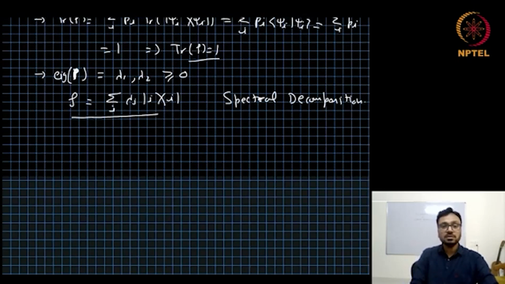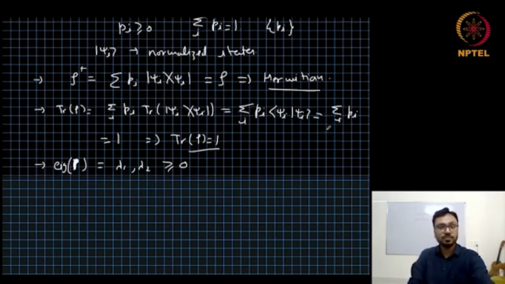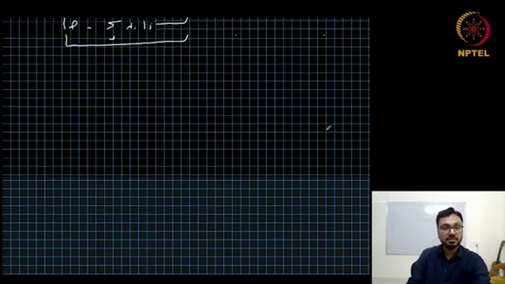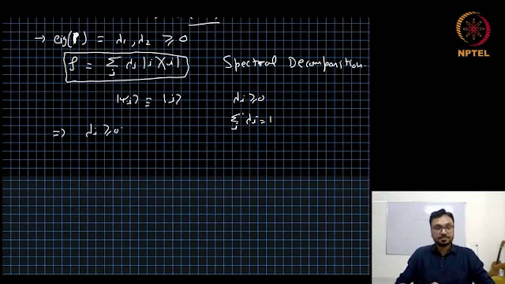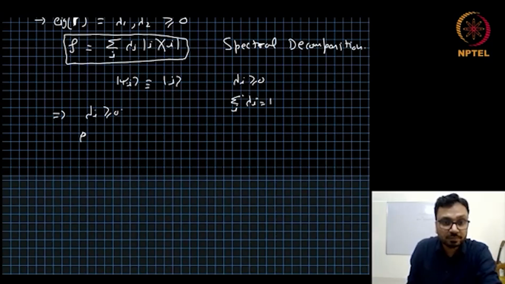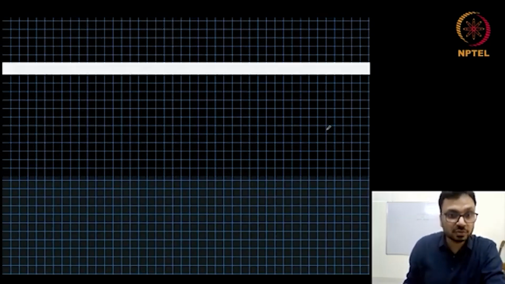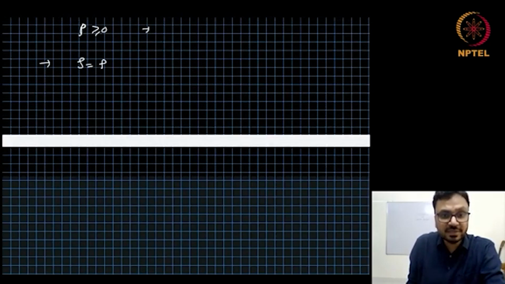So this is also a decomposition of rho in this form, just that here the psi i's are nothing but the eigenvectors |i⟩ and they are orthonormal. So if this is a density matrix, then lambda i must be positive and the sum over lambda i's should be 1. It means the lambda i's have to be positive semi-definite. And we know the property that a Hermitian operator with positive semi-definite eigenvalues is a positive semi-definite operator. So rho must be a positive semi-definite operator. So the three properties we can summarize as: rho is Hermitian, trace of rho is 1, and rho is positive semi-definite.